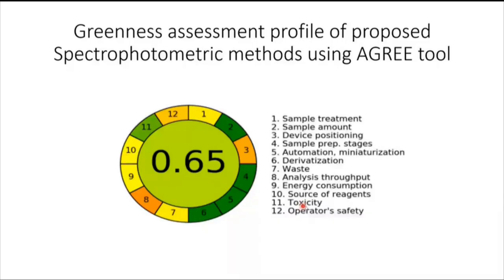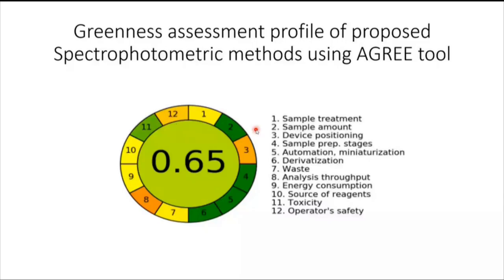And 11, toxicity. It is also not completely green, because we are using methanol, which is not a completely green solvent, but when compared with the others, methanol is the best one. And then the 12th one is operator safety, as the operators get exposed to hydrogen peroxide and also heating for more hours. So there is some risk to the operator, so it is not green, it is like a light orange color.